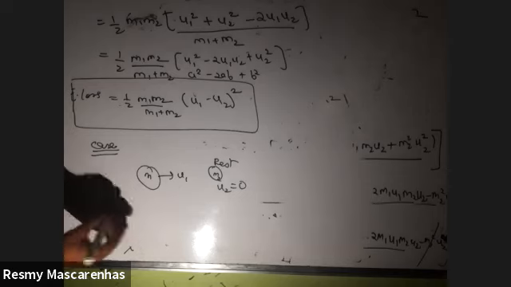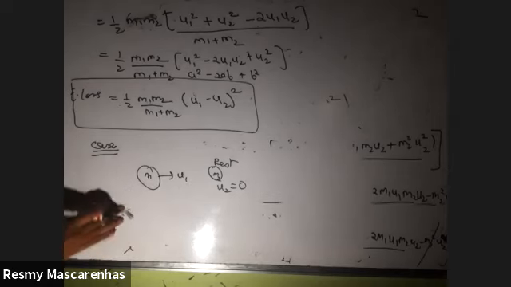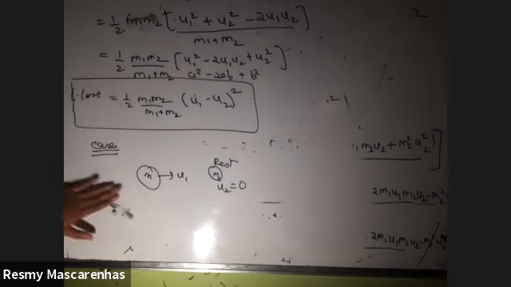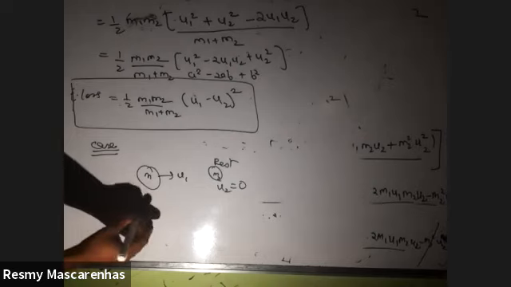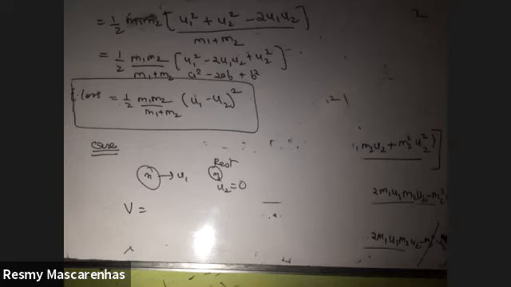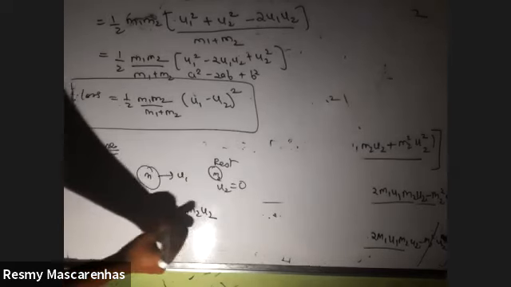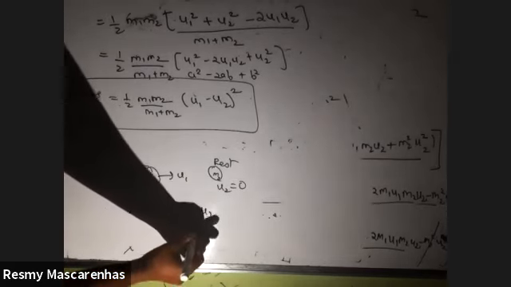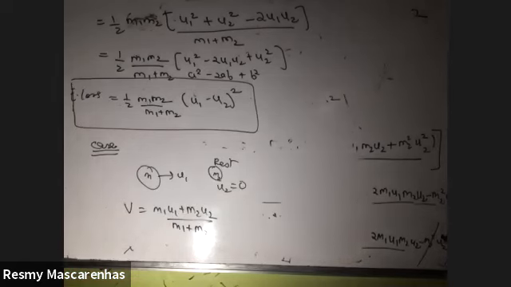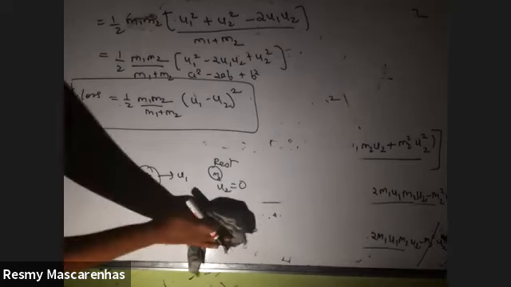So both will check, momentum as well as this. So what was the velocity formula? V was what? m1 u1 plus m2 u2 upon m1 plus m2. So in this case, put u2 equals to 0. Just write it on top because otherwise, because of the flashlight, it's not visible.